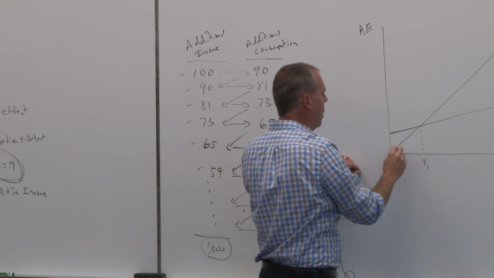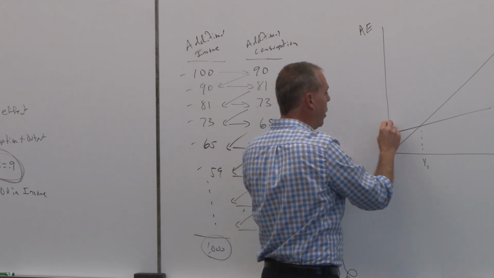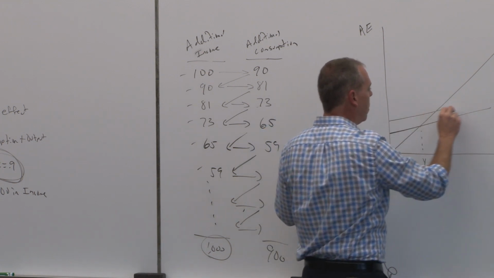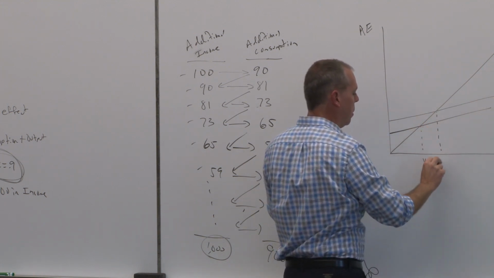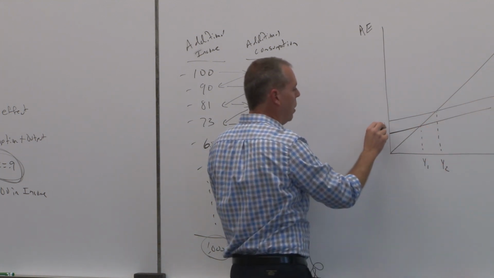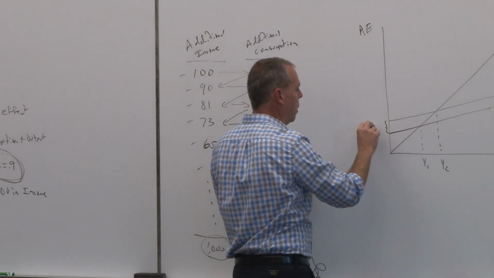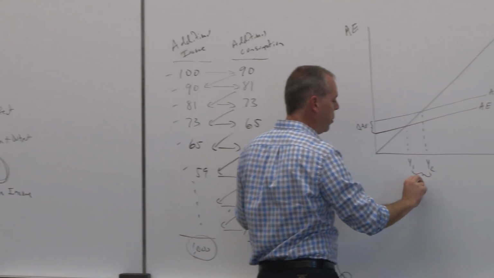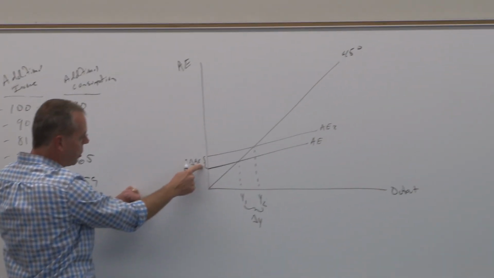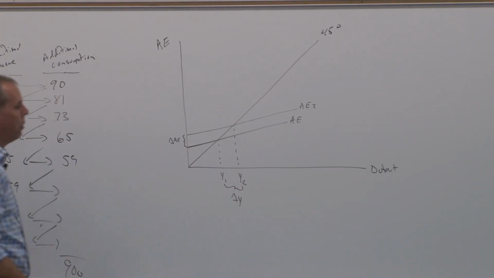Call this Y1. And we'll have some corresponding change here. AE2. Y2. So here's the change in aggregate expenditures. Here's the change in output. This guy right here is smaller than this guy.